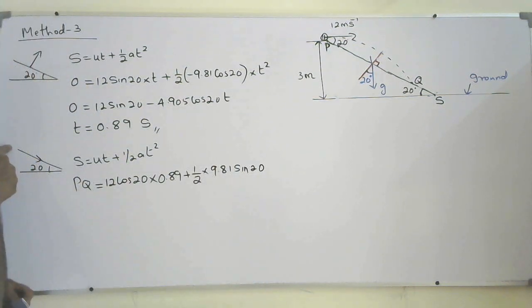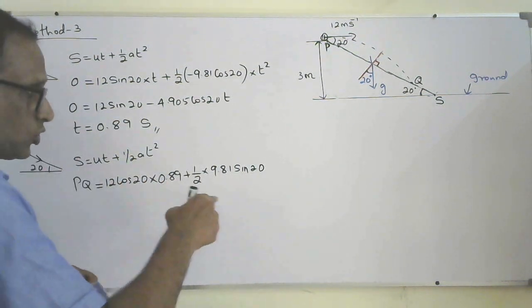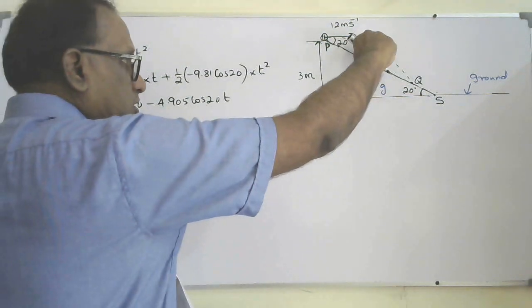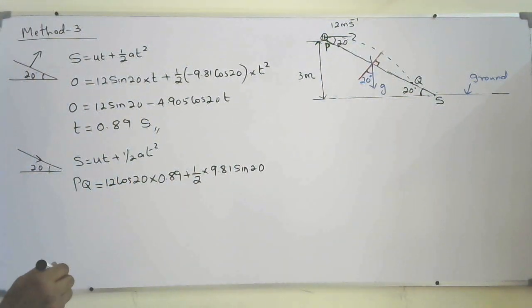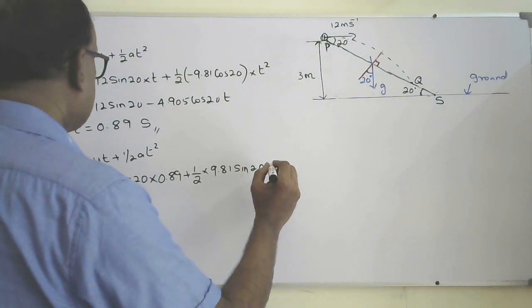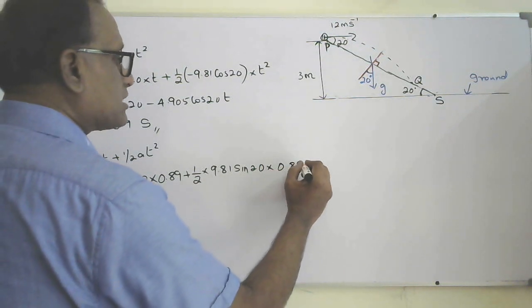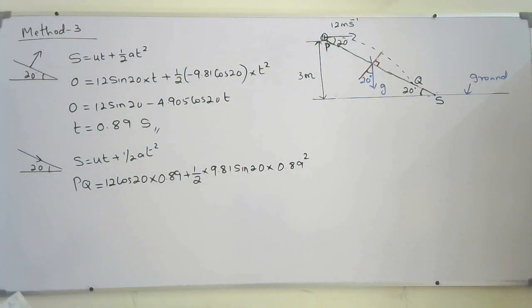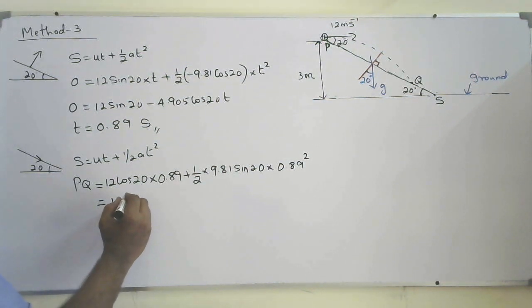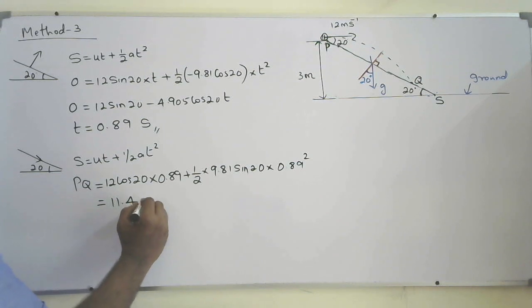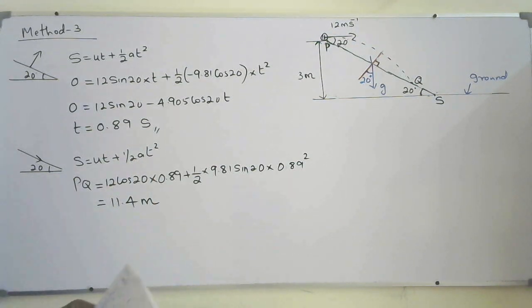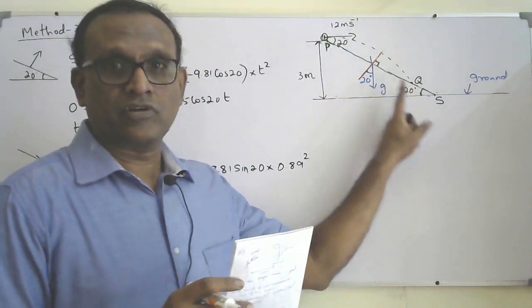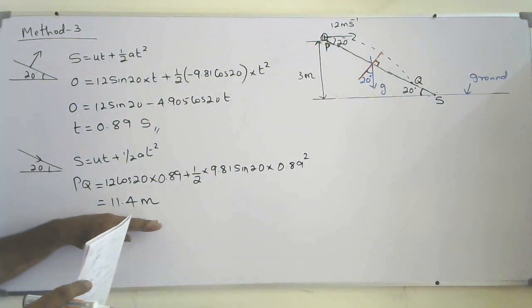I am also using that equation downwards along the slope, so that will be positive along the slope down. 9.81 sin 20 into 0.89 squared. Okay, so solve this. You will get the length 11.4 meters.